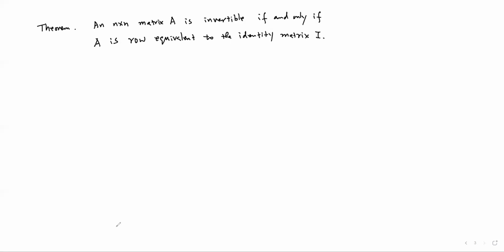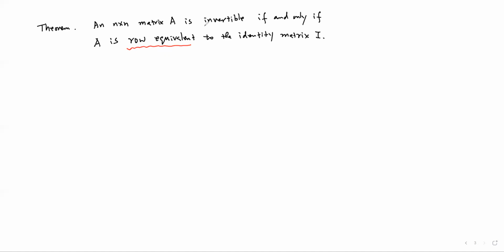Here, row equivalent means that we can apply a sequence of row operations to reduce A to the identity matrix. If you can reduce A to the identity matrix, then matrix A has an inverse.